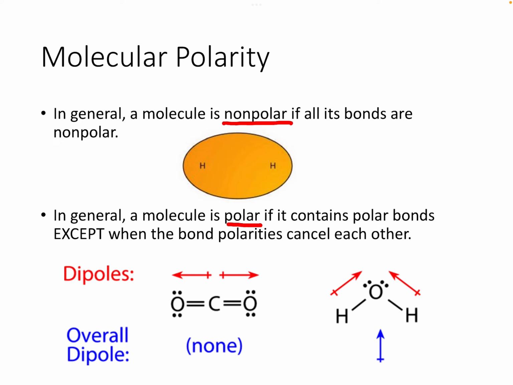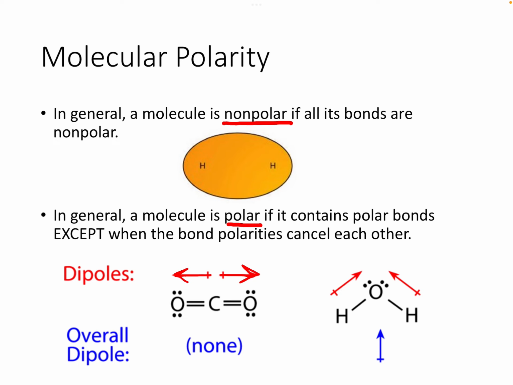But we saw, for example, CO2, and even though the individual bonds were polar, they canceled each other out because the molecule is symmetrical and the atoms are evenly spaced around the central atom. So the oxygen atoms are evenly spaced.